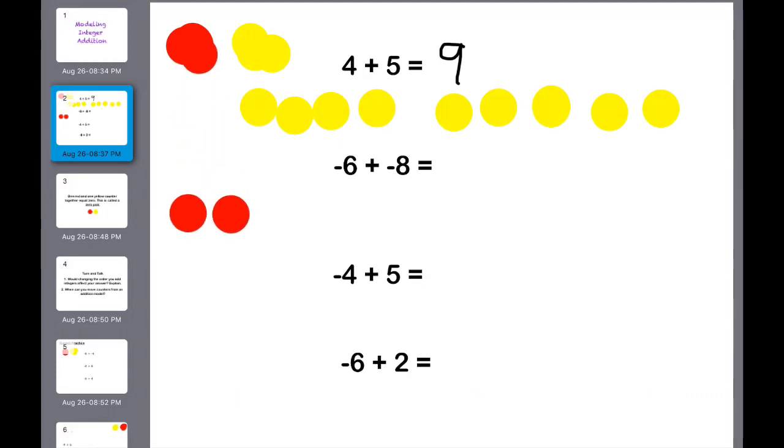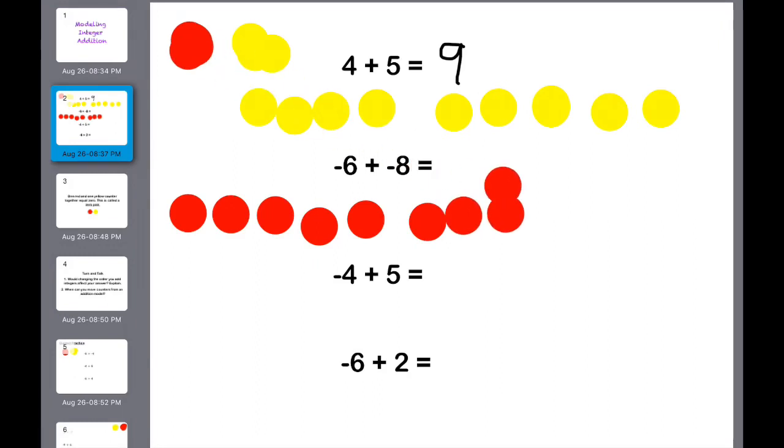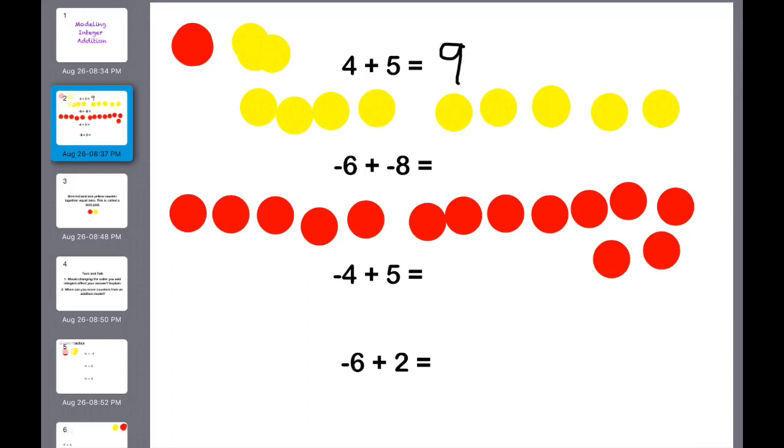So we're going to count out 6. 1, 2, 3, 4, 5, 6. And then 8 more. 1, 2, 3, 4, 5, 6, 7, and 8. We have all negative counters, so our answer is going to be negative, and we have a total of 14. So our answer is going to be negative 14.